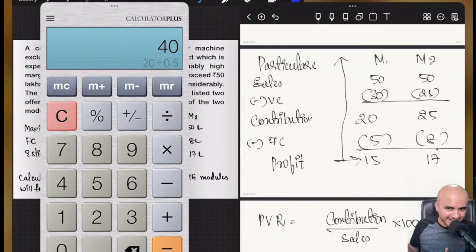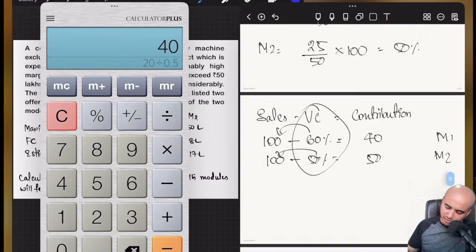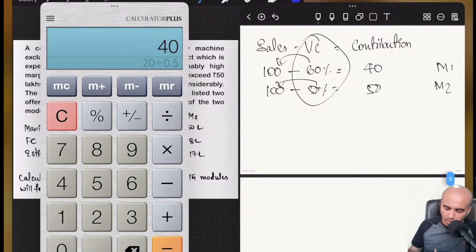You can even directly calculate that, but I just wanted to show you how to achieve this. Direct calculation would be very simple: 50 minus 20, 50 minus 25. That is the easy part, but we can also do it this way. Sometimes in the problem they may give only some information, so then you'll have to work it out. I hope it is clear.